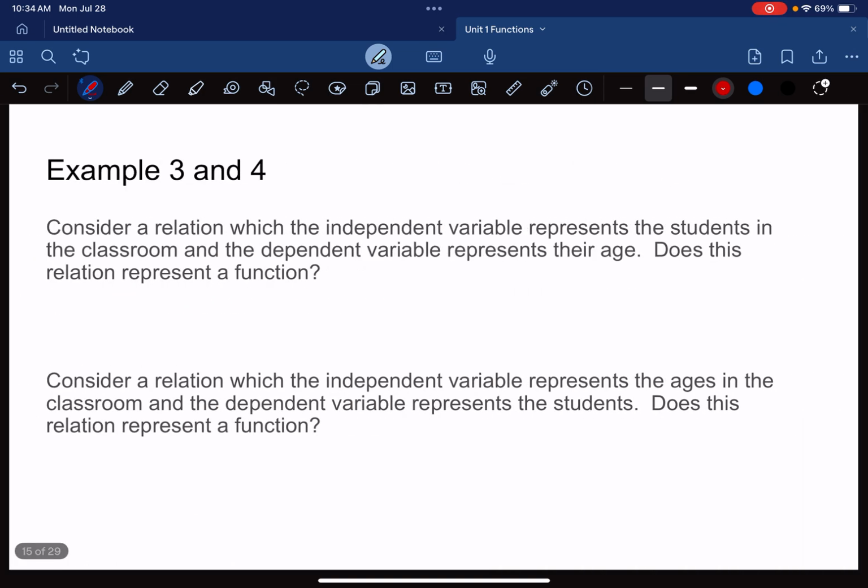Okay, consider a relationship in which the independent variable represents the students in the classroom, and the dependent variable represents their ages. So is that a function or not? Well, let's just look at a few examples. Like, let's say that we have a Tim in class, and Tim is 14, and then we have Sarah in class, and she's 15.